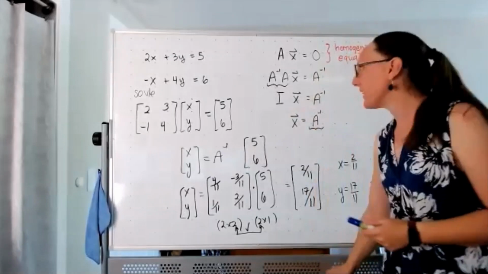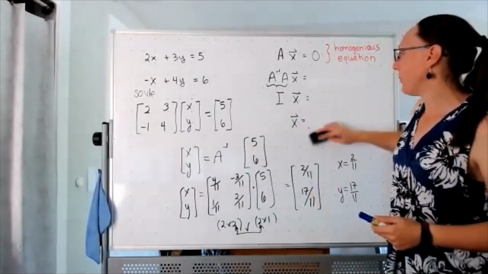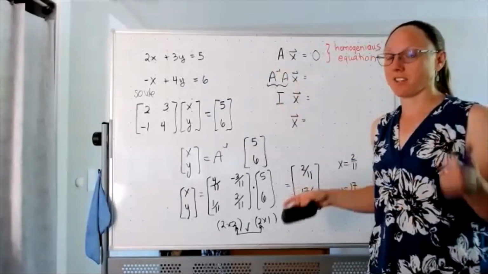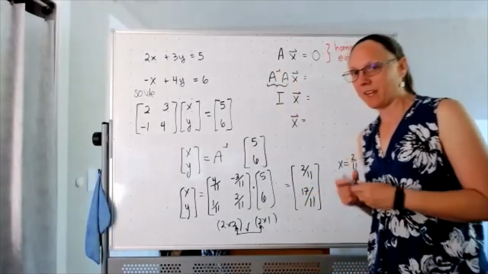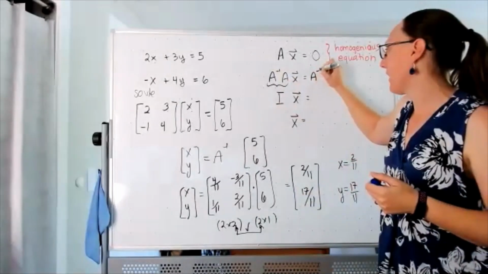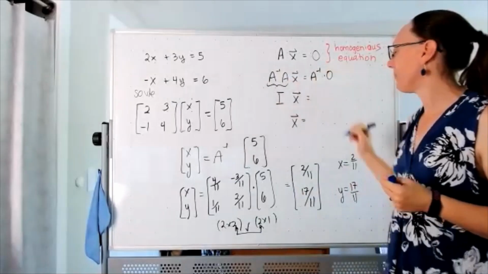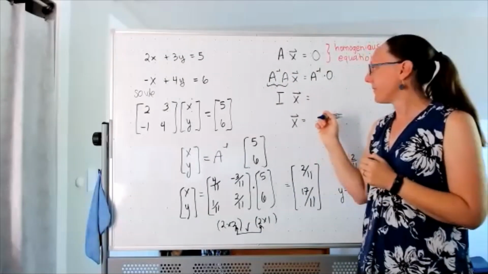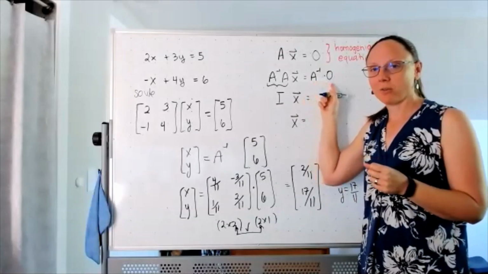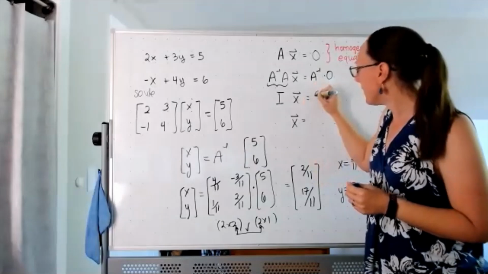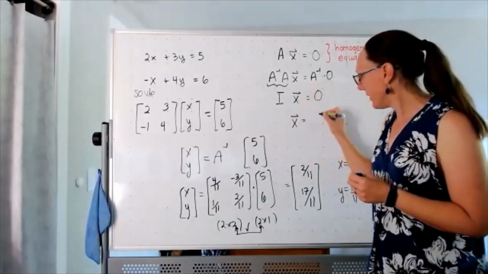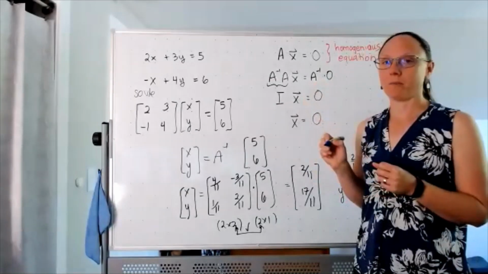And something really interesting happens when we try to follow this process of multiplying by the inverse to solve this thing. So if I multiply both sides by A inverse, whatever the matrix is, if I multiply it by 0, the result is 0, which means I get 0.